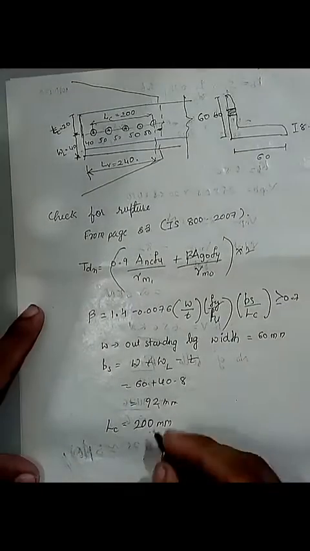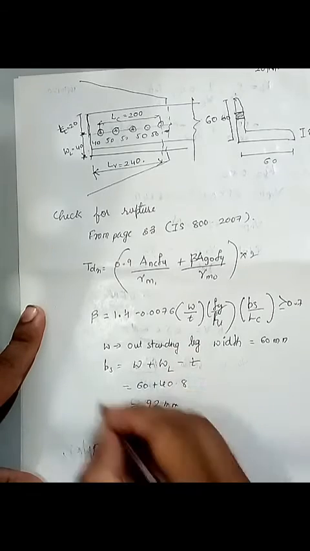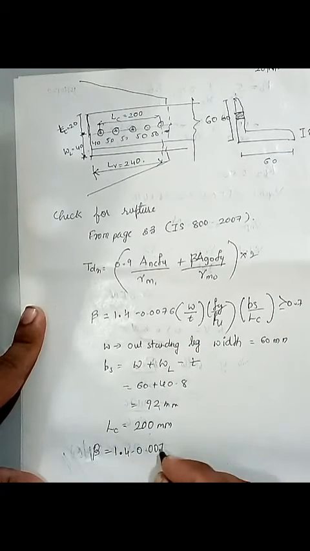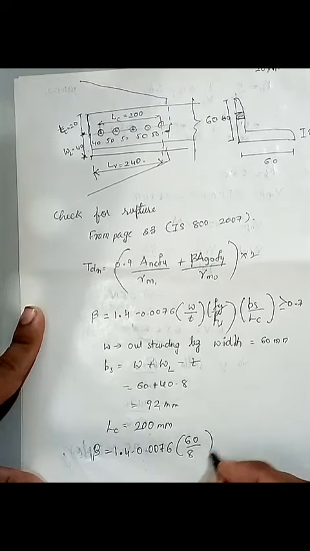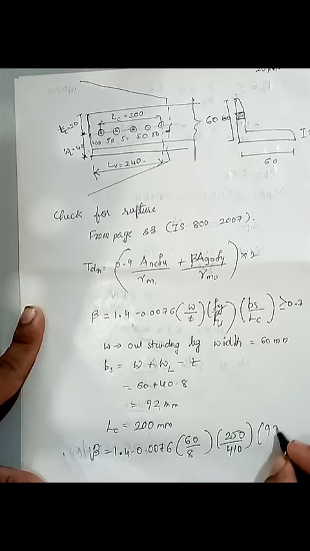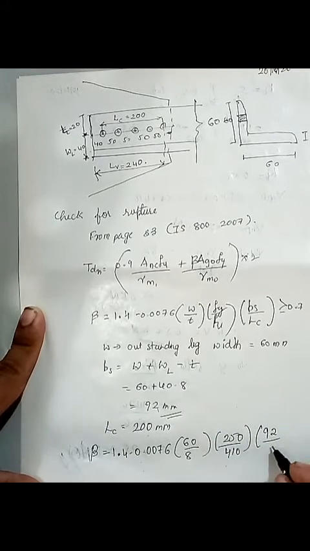So now we can find beta by using this formula, substituting all these values. So 1.4 minus 0.0076, W is 60, T is 8 thickness, Fy is 250, Fu is 410, and BS by LC is 92 by 200.